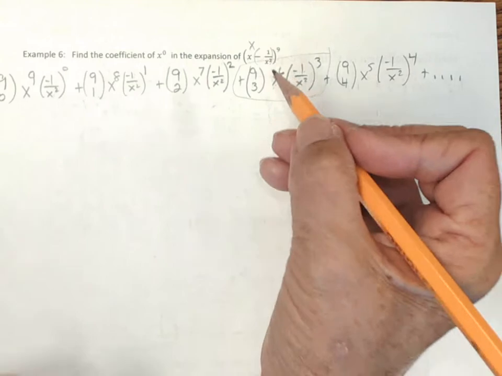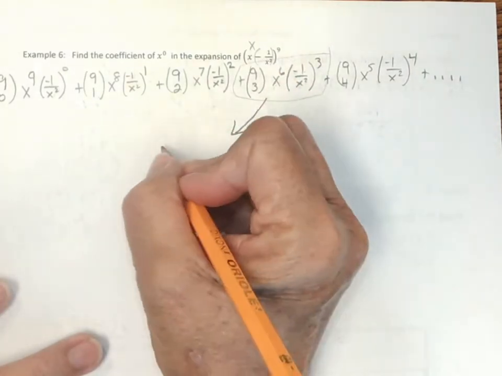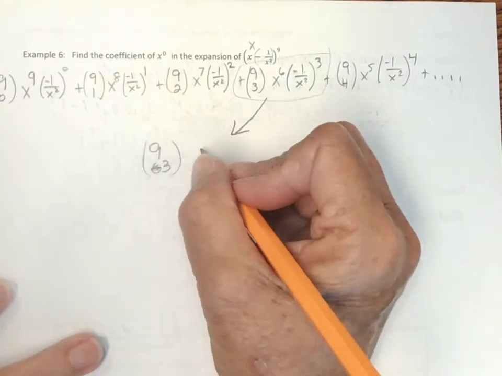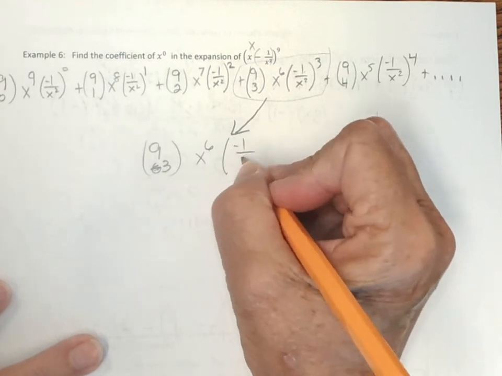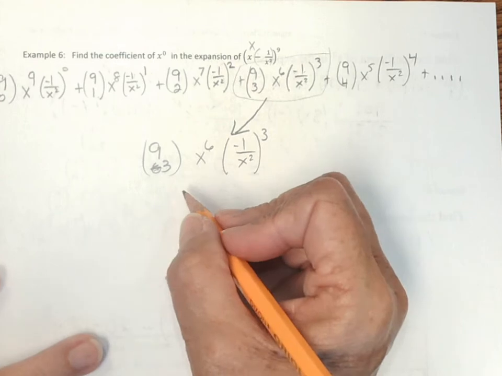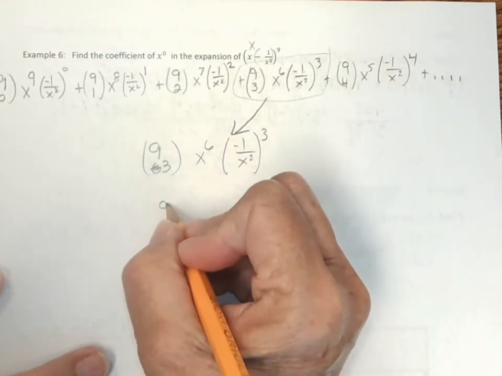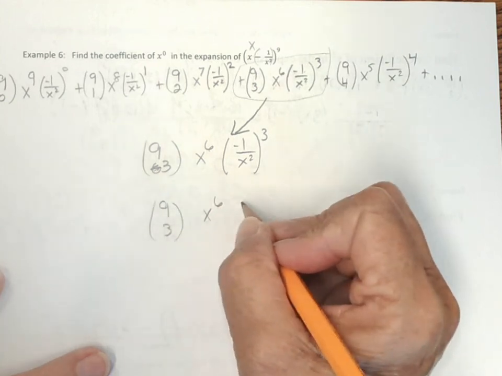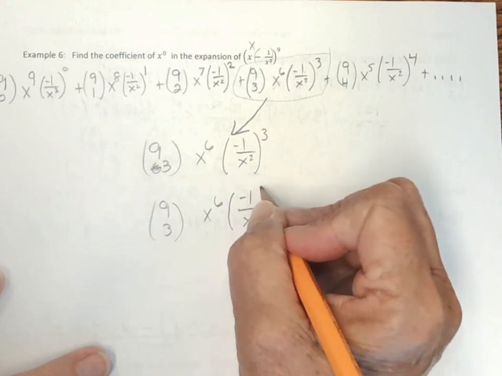So we're going to go ahead now and just worry about this term. So I've got 9 taking 3 times x to the 6th multiplied by negative 1 over x squared cubed. So what this gives us, still 9 taking 3, this gives me x to the 6th multiplied by negative 1 over x to the 6th.